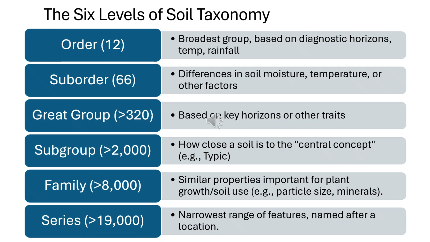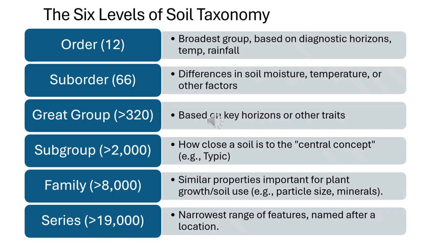Finally, at the most specific level, we have the soil series, with over 19,000 of those. This is the taxonomic unit with the narrowest range of features. Each series is unique and is named after where it was first identified, like a town or county. This is the level that local users, like farmers or builders, are most concerned with. Same with natural resource professionals.